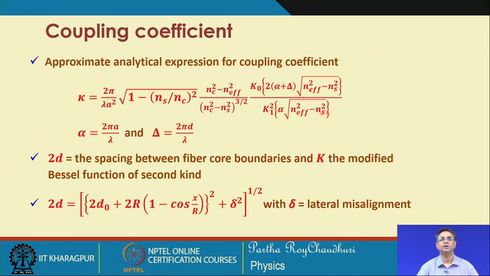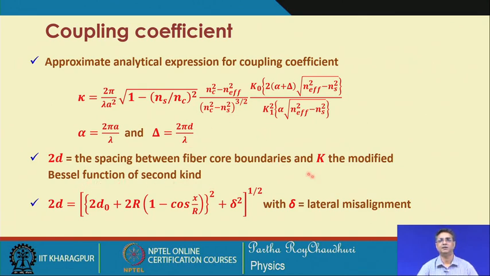This coupling coefficient requires a little algebraic operation to come to this expression for kappa, which includes the substrate refractive index, the core refractive index, the effective index, and this delta, which is defined by 2πd/λ, whereas alpha is defined by 2πa/λ. 2d is the spacing between the fiber core boundaries, and K is the modified Bessel function of the second kind.